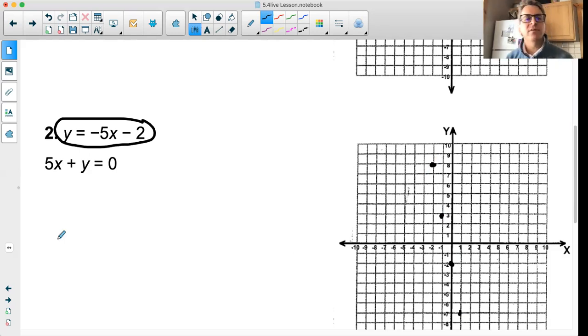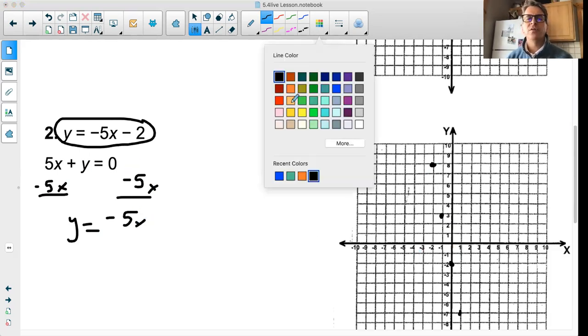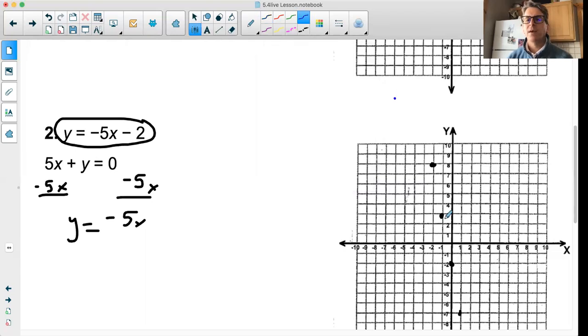The second line is not as obvious. I'd probably want to first get it into slope-intercept form by subtracting 5x from this side and from this side. So I'd end up with an equation that is y is equal to negative 5x. So that has a 0 for an intercept. I'll just switch colors here, I'll go to blue on this. If I have an intercept at 0, which it is, and I have a negative 5 slope, 1, 2, 3, 4, 5 over 1, 1, 2, 3, 4, 5 over 1.